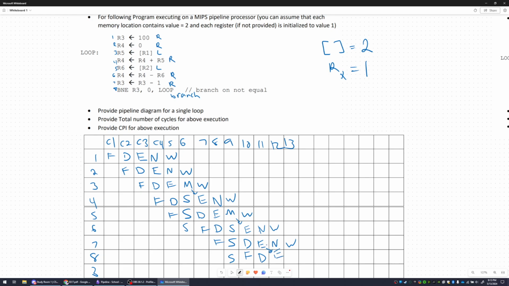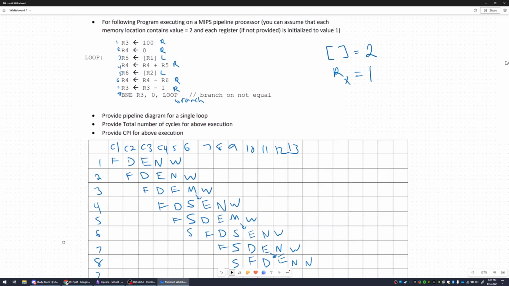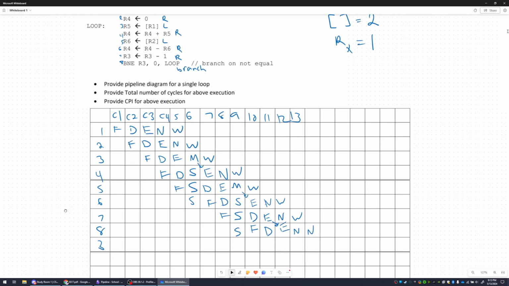Exec. Since branch is the last line, it won't fetch anything, right? It has to wait till exec for branching for fetching the next. I forgot what he said in class.